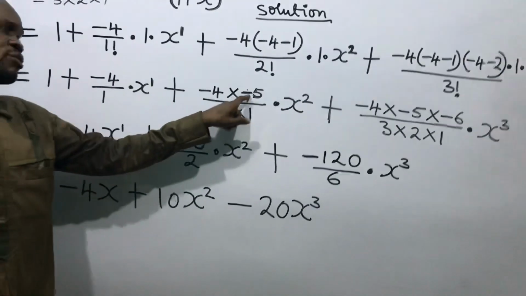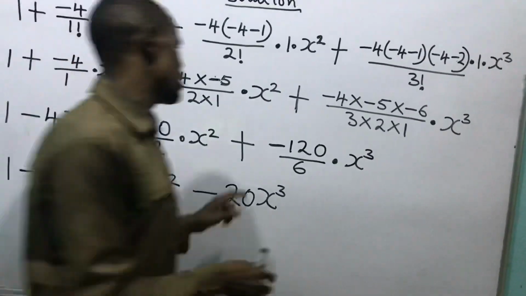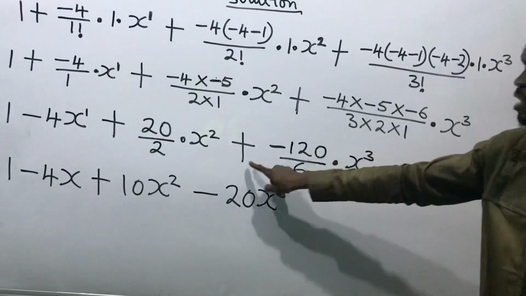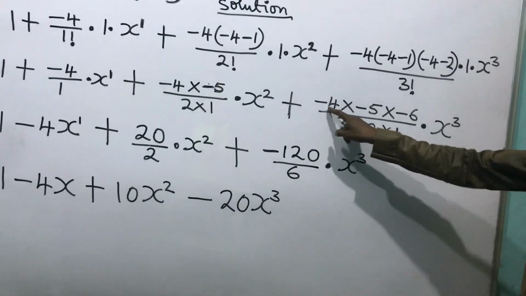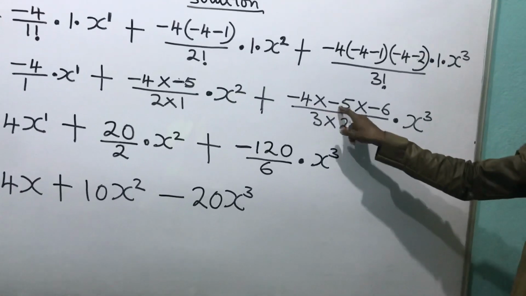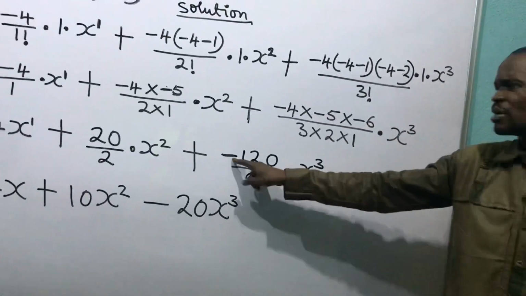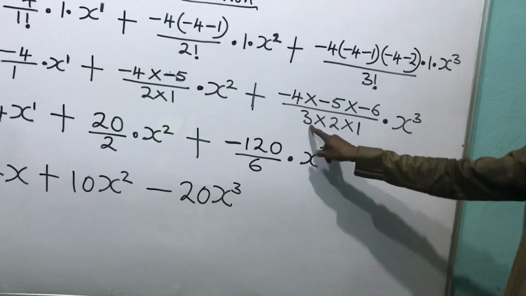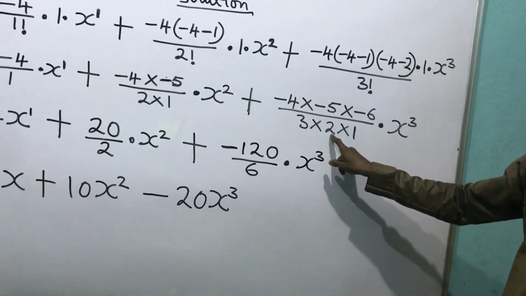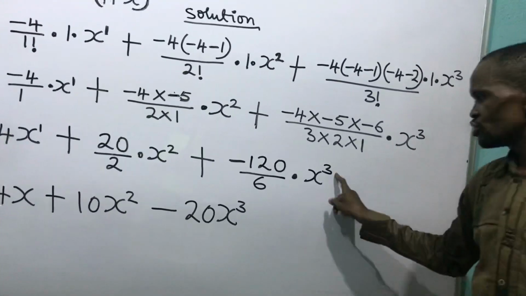Minus 4 times minus 5 will give me 20. 2 times 1 will give me 2. Then plus. Look at the plus here, plus. I have minus 4 times minus 5 times minus 6. That means minus 4 times minus 5 will give me 20. 20 times minus 6 will give me minus 120. And 3 times 2 times 1 will give me 6. Then dot x raised to power 3.